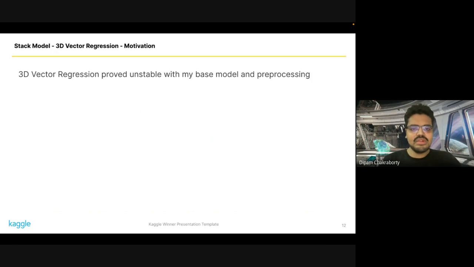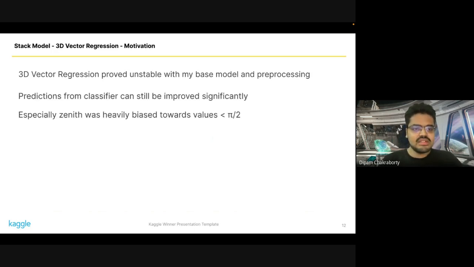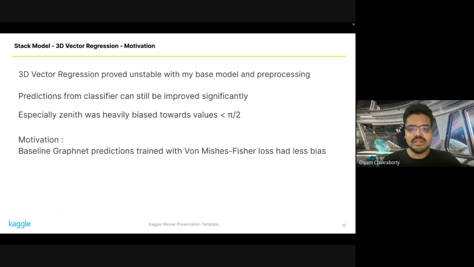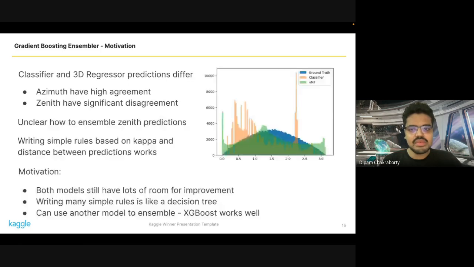Coming to the other one, which combining these both finally was quite helpful, but it was unstable if I trained it directly. So if I see the predictions, I'll go ahead and show the plot. If you see this classifier, it's actually very heavily biased towards the upper side of the IceCube, which, at least my hypothesis, is because of the muons that are coming from above.